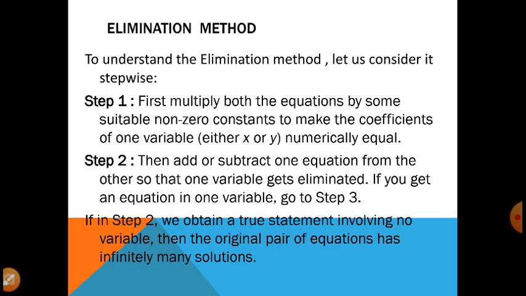Here two cases may arise. If while adding or subtracting, both the variables get eliminated, meaning we don't have any variable, and both sides, the right hand side and left hand side of the equal sign, are equal, then the given pair of linear equations statement is true.